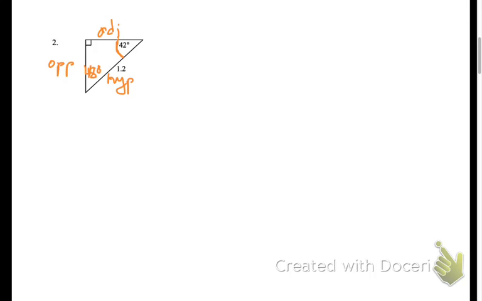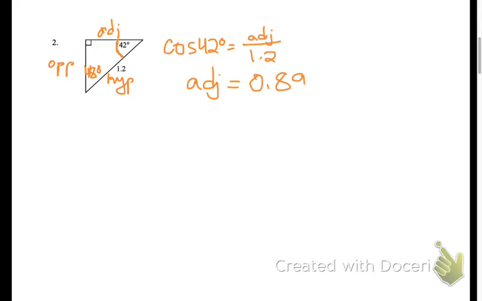Let's start with adjacent. The trig function that relates adjacent and hypotenuse is going to be the cosine. So the cosine of our angle 42 degrees is going to be our unknown adjacent side divided by the hypotenuse, which is 1.2. And that's going to get us an adjacent side of 0.892 if we round.